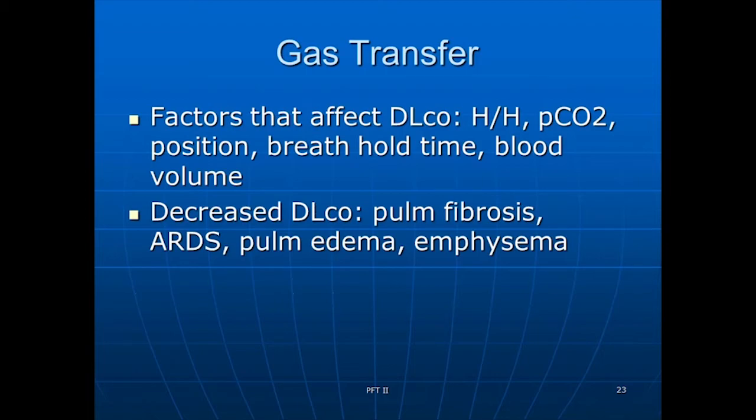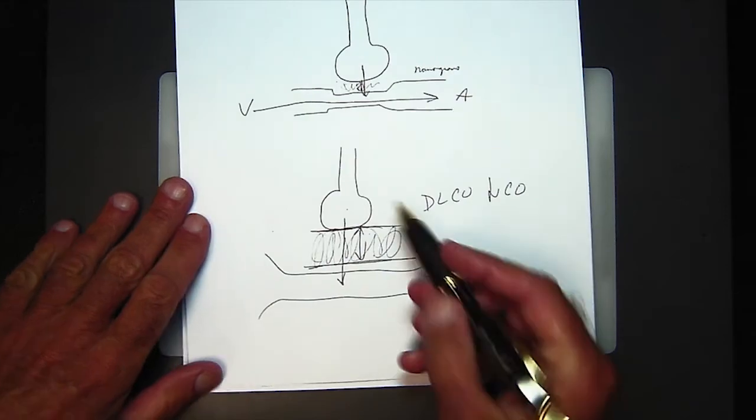and obstructive disease may or may not have a decrease in DLCO, depending on the severity of the disease. Sometimes they can, sometimes they can't, but usually the restrictive disease is going to have a decrease in their DLCO because of this reason.